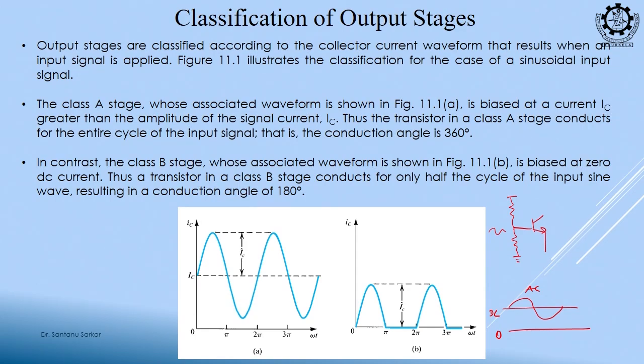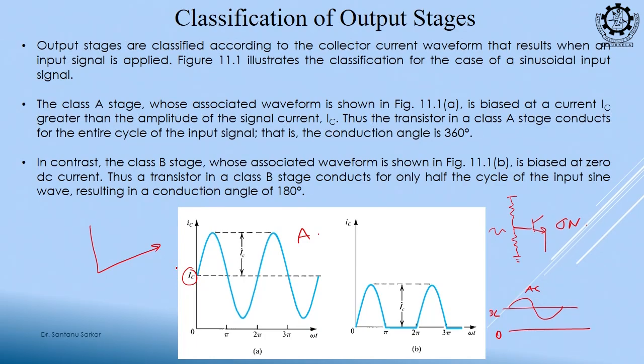Why do you want to do that? So that for the full time it is on, right. In class A you see it is having a DC current, we are expressing it with collector current IC, but the same you can express with VBE also. So, VB you can say DC plus AC, so it should be always on.